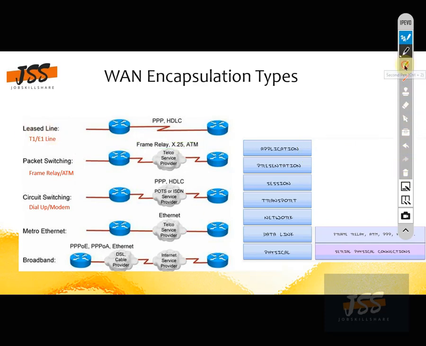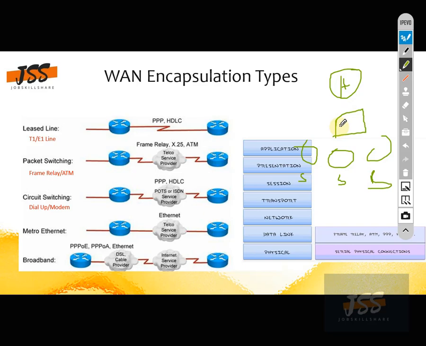So in that case, we have a hub and spokes. These are known as spokes. Then we have the service provider that will connect our hub router with these spokes. If the hub wants to communicate with this spoke, it will be direct communication.